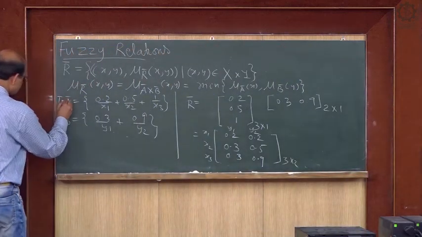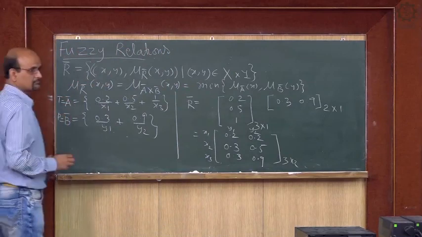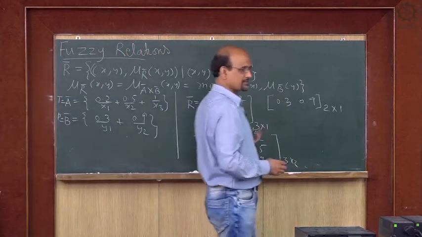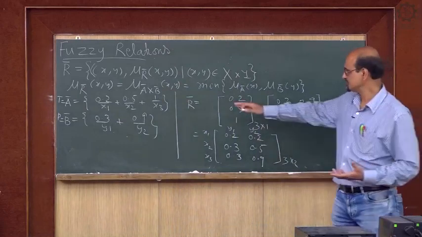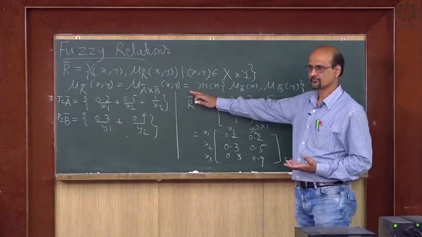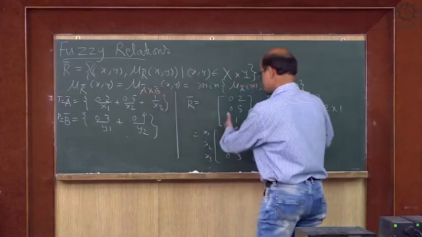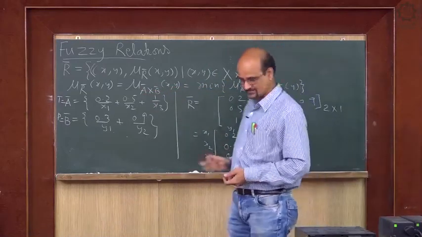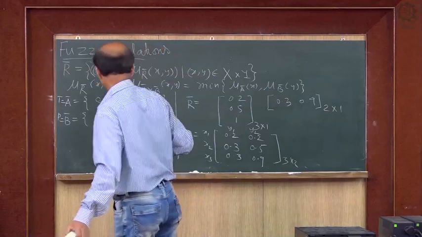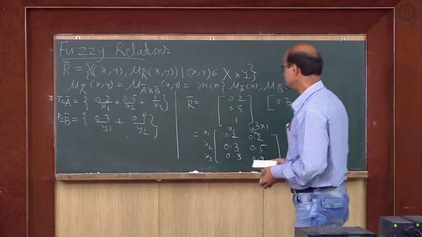We said yesterday this is your temperature, this is your pressure. So, the temperature pressure relation is this, using this definition. Very simple: take the minimum values. We will take more examples afterwards, then it will be more clear.